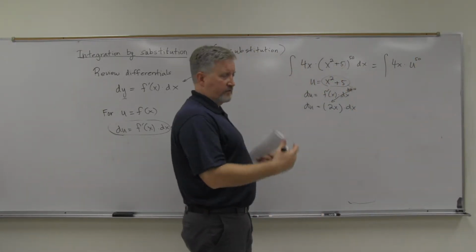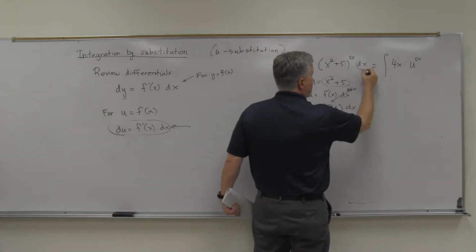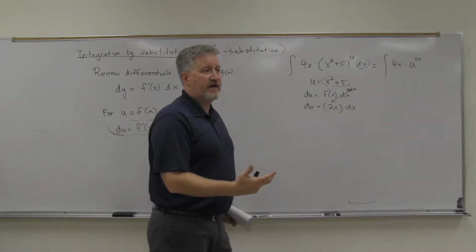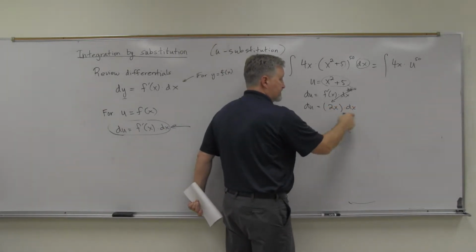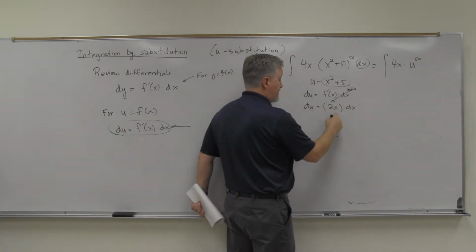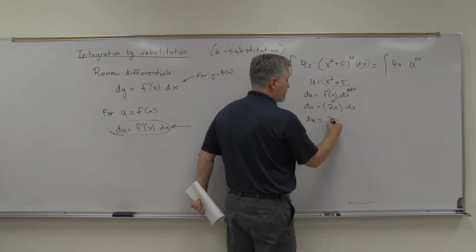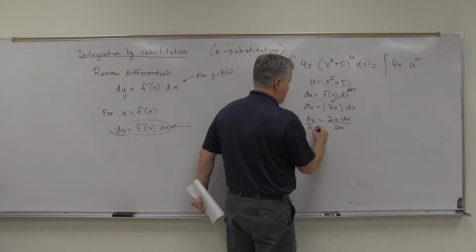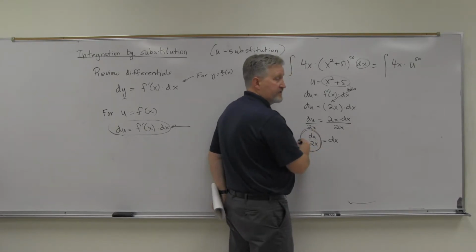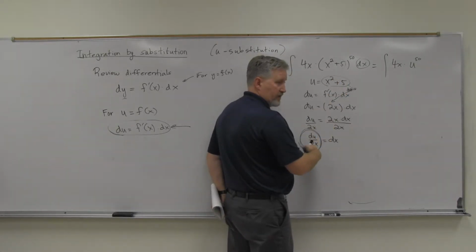And then the other way I like to do this is I also need to replace dx by what it is in terms of du. So let me solve this second equation. Let me go ahead and take one more step here, and let's divide off that 2x. And so that gives me du over 2x is dx. And so that's what I replace my dx by, du over 2x.